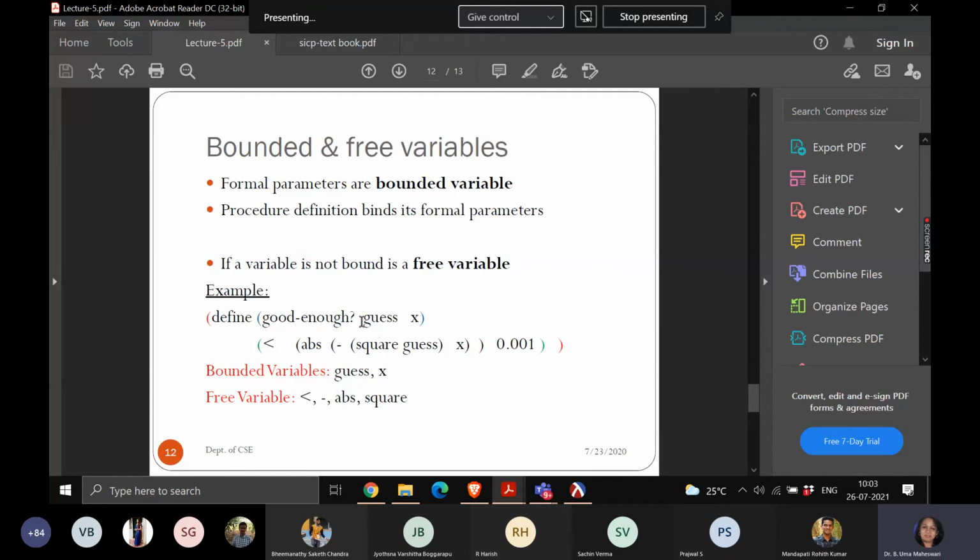Square is not bounded here; given a square procedure, it can be used in any other procedure. It is not bounded to good enough alone. Understood? So the formal arguments listed in the procedure are called bounded variables, because the formal variables are bounded to the logic of that particular procedure. And other variables in the body section are called free variables.